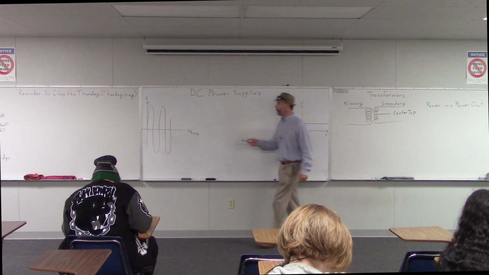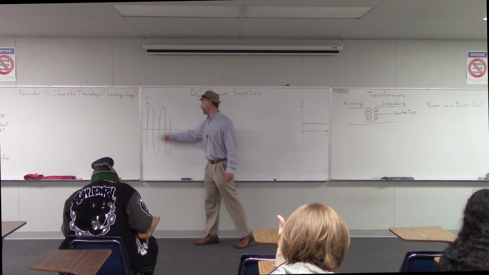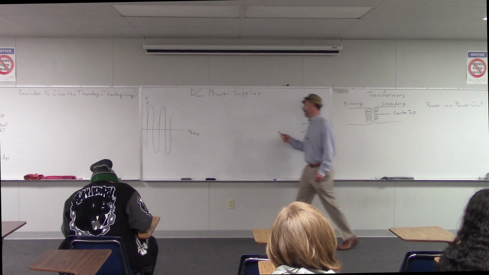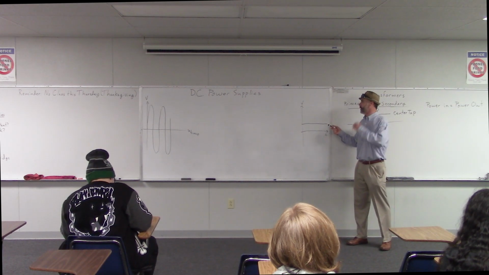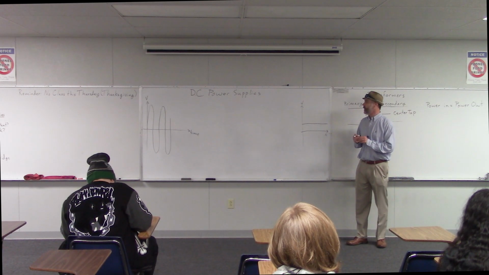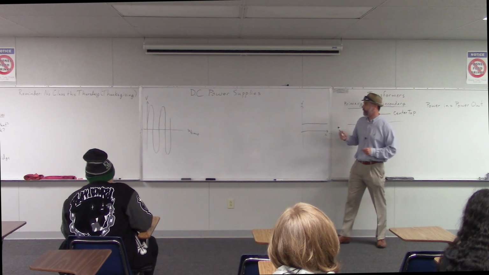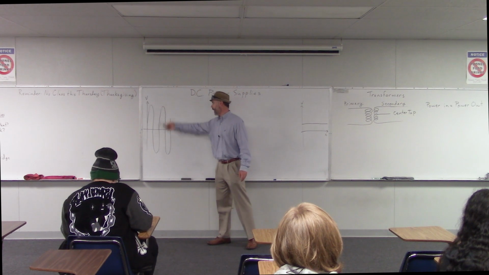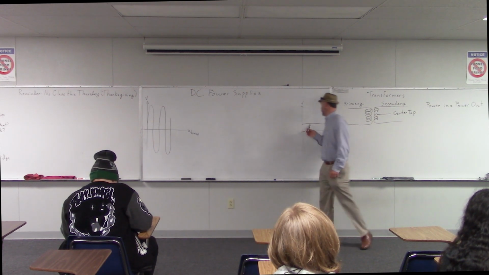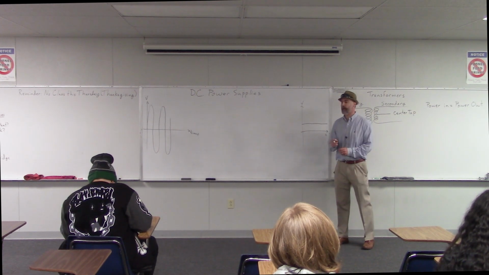So what we get out of the wall is something like this, high voltage AC, but what we need is something like this, a low voltage constant source. So we need something that will change this type of electricity into this type of electricity, and that's what a DC power supply does.